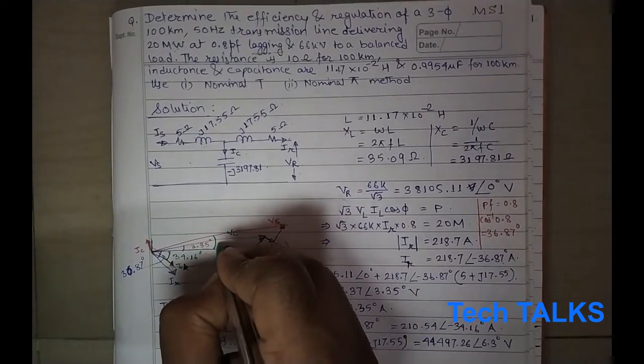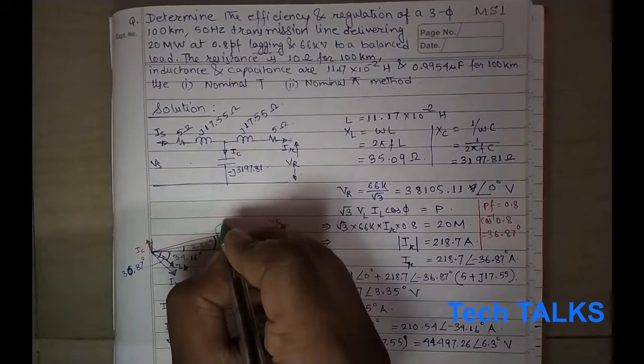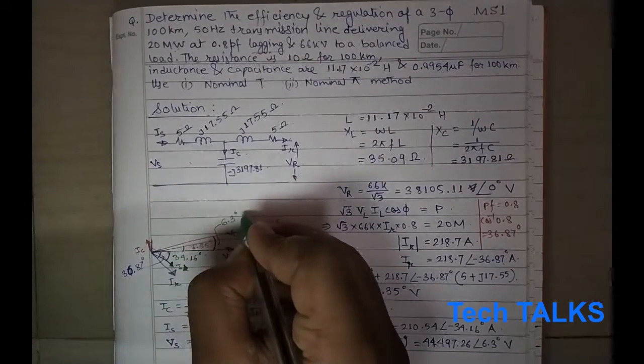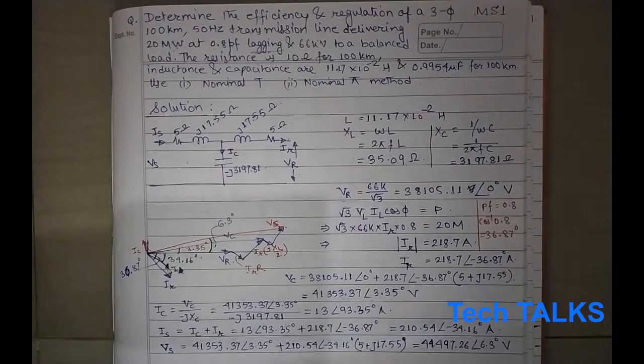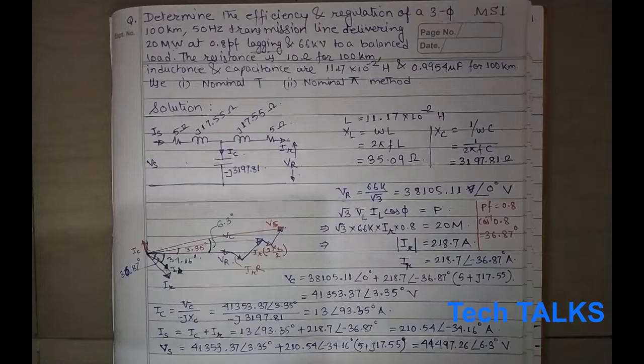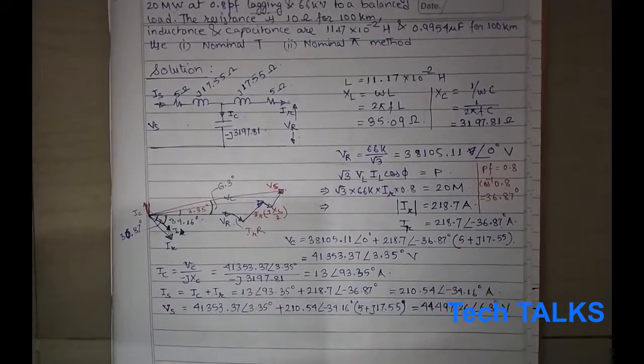Now this angle is what? This angle is 6.3 degree. Okay, so it fits with the phasor diagram, and obviously we don't have to remember any other formula. We have just followed simple circuit theory.